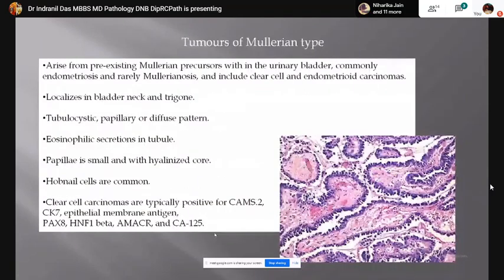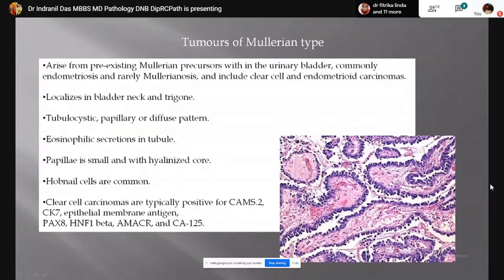Now, tumors of Mullerian type. This tumor arises from the pre-existing Mullerian precursors like endometriosis or rarely Mullerianosis. And this tumor category includes the clear cell and the endometrioid carcinoma. These tumors generally localize in the urinary bladder neck or in the trigone. Histologically, they may show tubulocystic, papillary or diffuse pattern of growth.